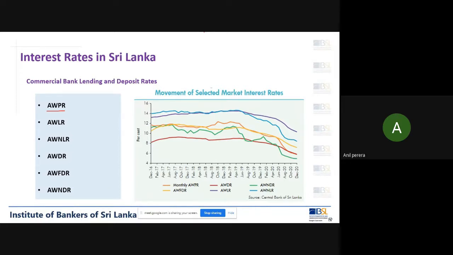So you can define it as the weighted average rate of all short-term loans given to prime customers of commercial banks.